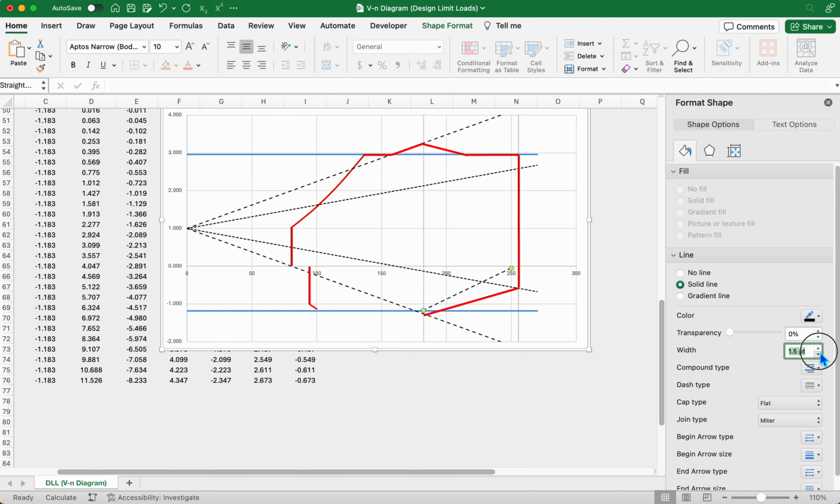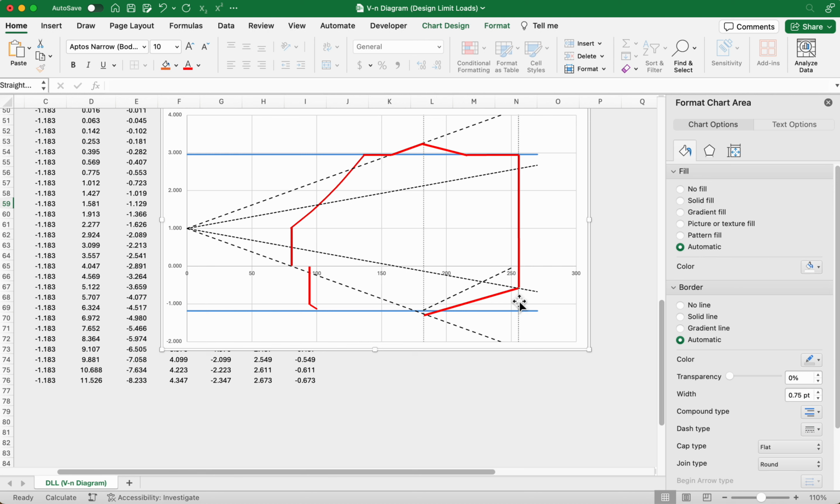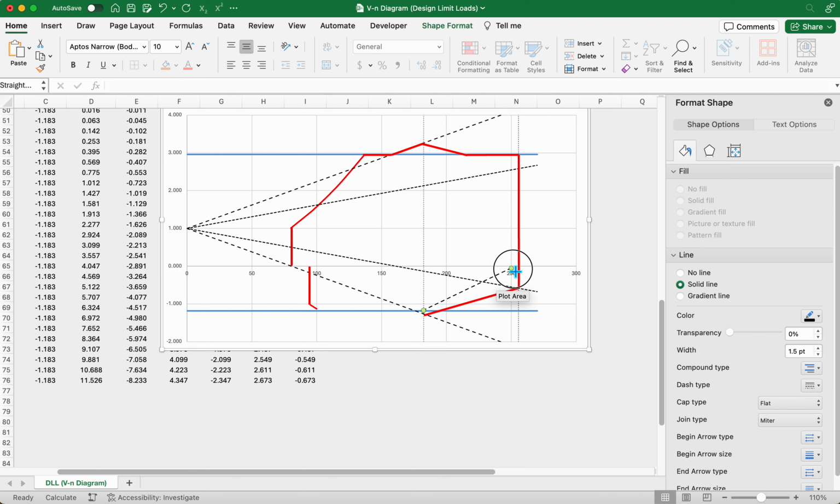So that is a corner that we could adjust, and sorry, that should be going to our dive speed.